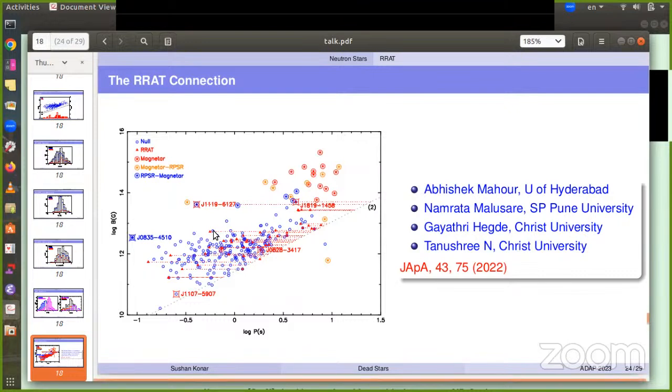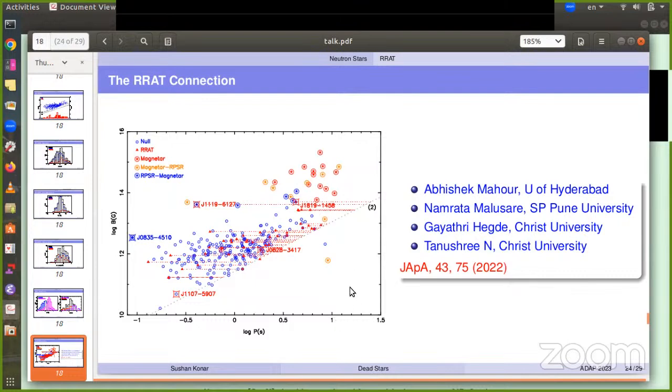When I say behave like magnetars, I'll explain in a moment. So now these RRATs would be moving to the death line like this. There might be some crossing, but as a population, we don't see that all these RRATs have come from the magnetar population. Okay.